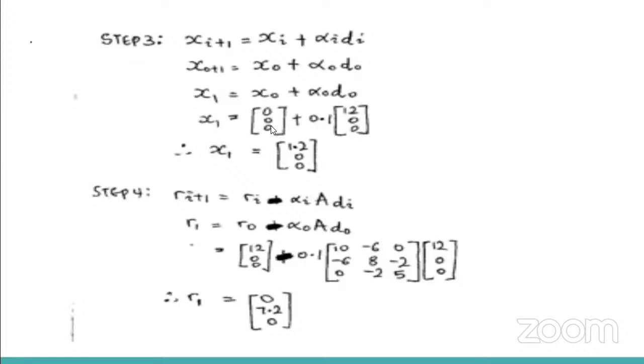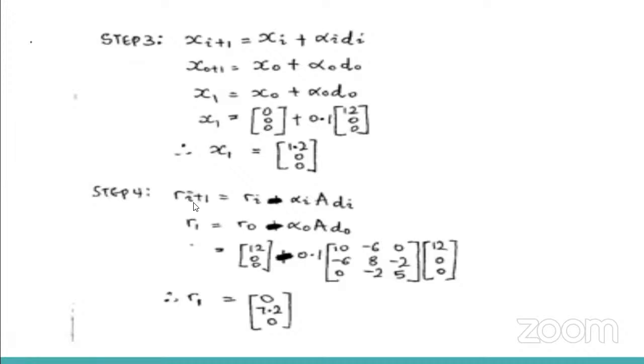That was your initial guess. You put it there, then plus the scalar, which is 0.1, which we just got. Then your initial search direction, put it, and then everything is straightforward. You multiply 0.1 times 12, and once you add everything, you get your x1.